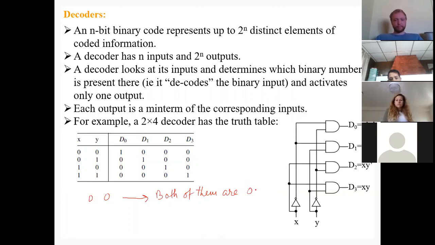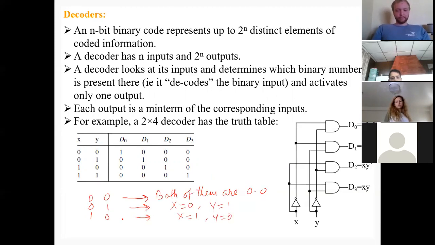If X is 0 and Y is 1, then your decoder says X is 0, Y is 1. If X is 1, Y is 0, then your decoder says X is 1, Y is 0. If X and Y both are 1, 1, then your decoder says X is 1, Y is 1. But how does it say?